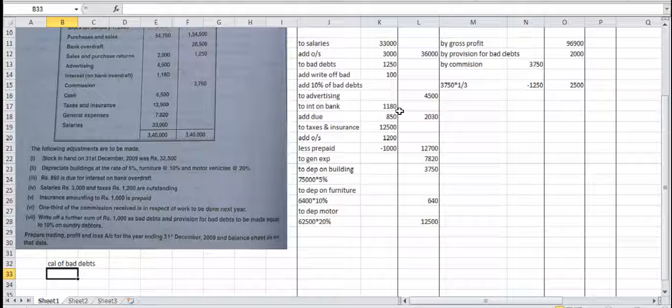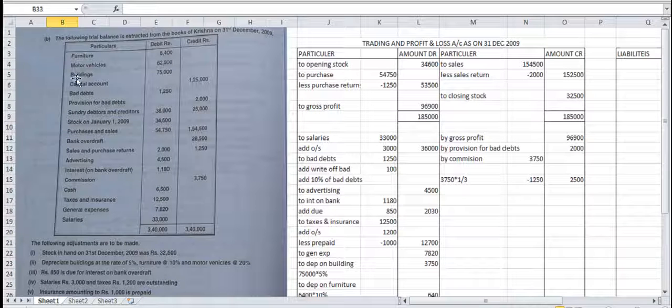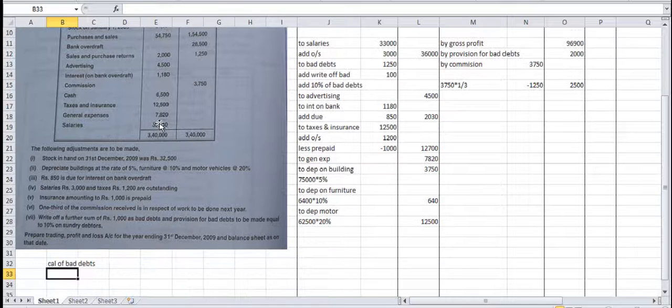Sundry debtors is how much? 38,000 is the sundry debtors. What we have to do?